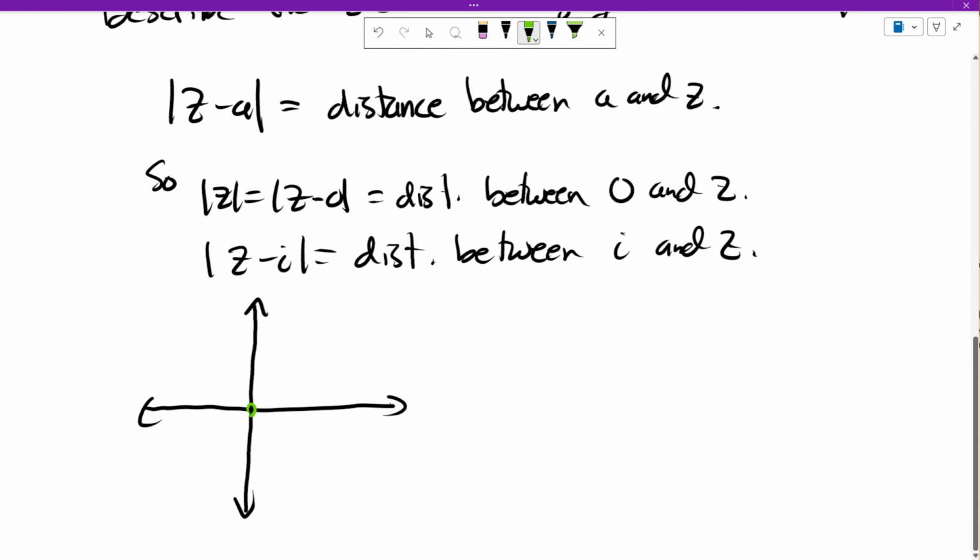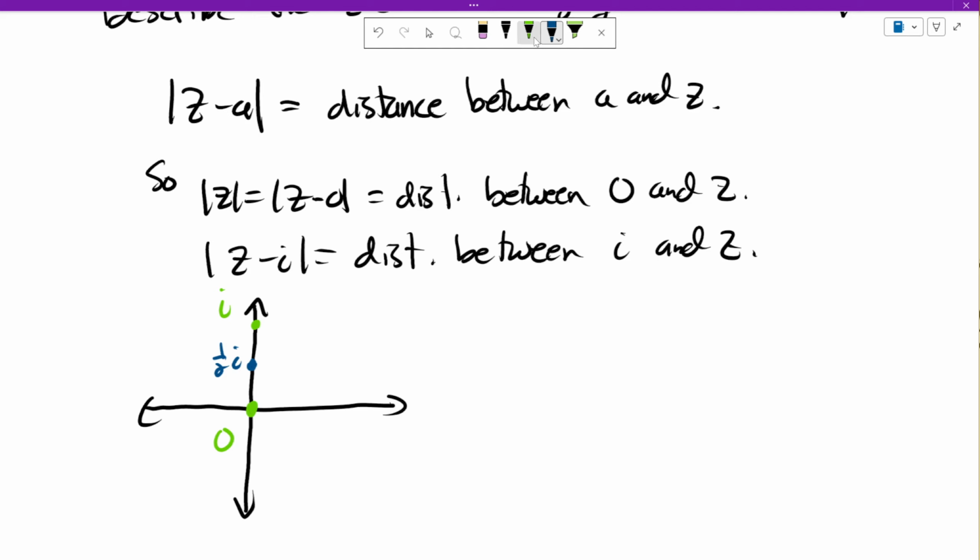So I'm going to mark 0 in the complex plane, and then I'm going to mark i. i is up there. I want to make sure that my distance to 0 and to i is the same. So one acceptable point is here in the middle at 1/2 i. 1/2 i has a distance of 1/2 to i and 1/2 to 0.